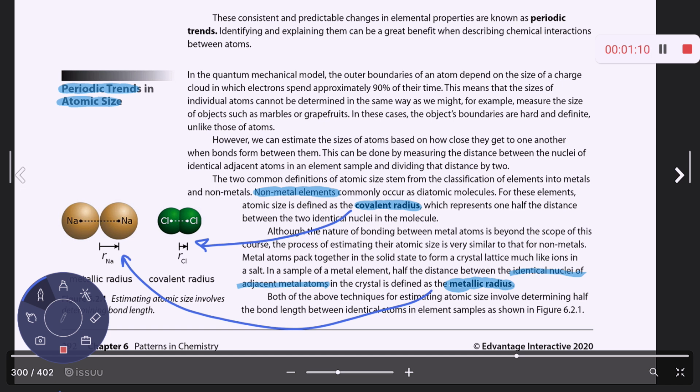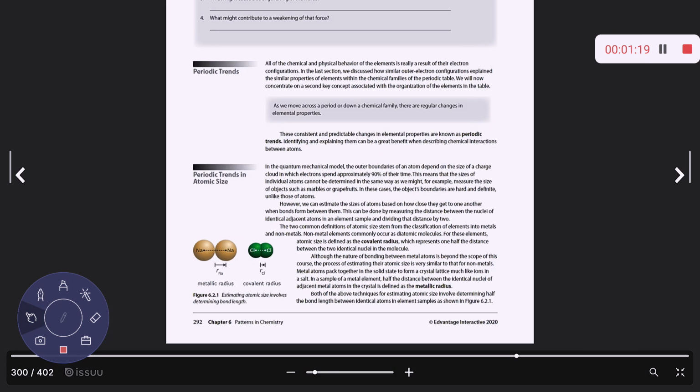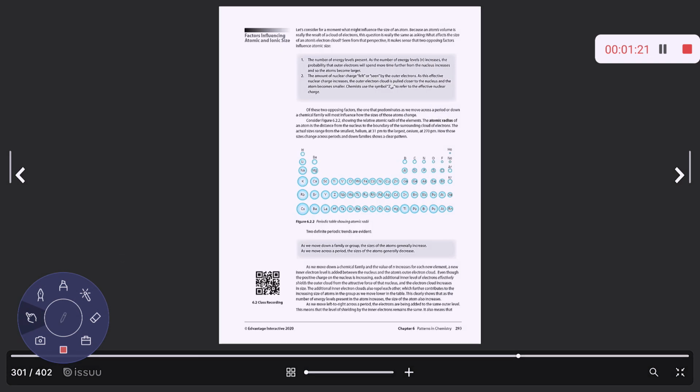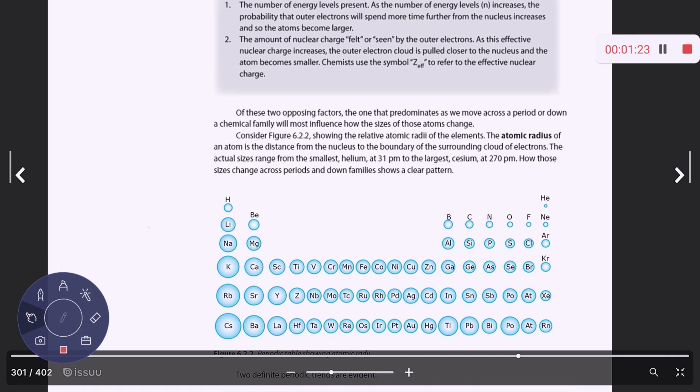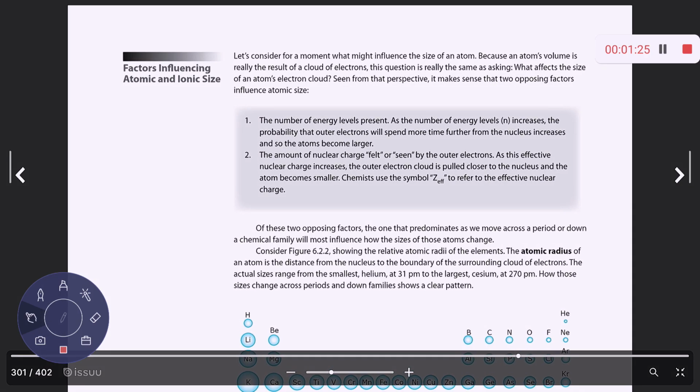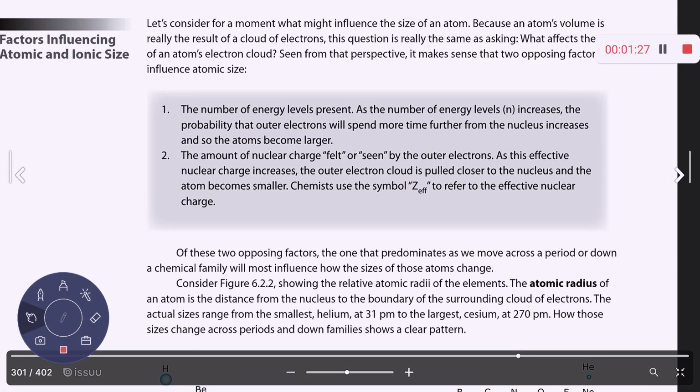On the next page, they go over the things that influence atomic radius and its trend on the periodic table. They give you an image of what the atomic radius looks like on the periodic table, but let's go over these factors first, and then I'll explain a little bit more. There are 2 factors that influence atomic size.